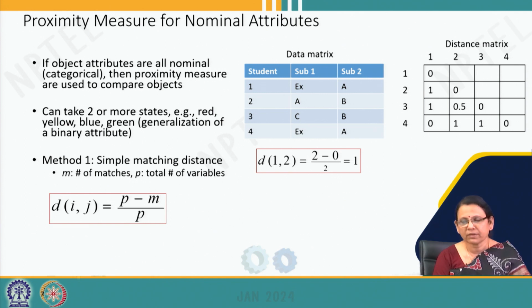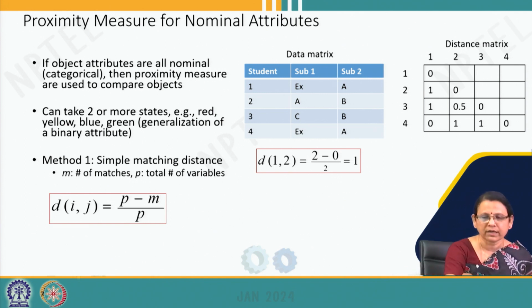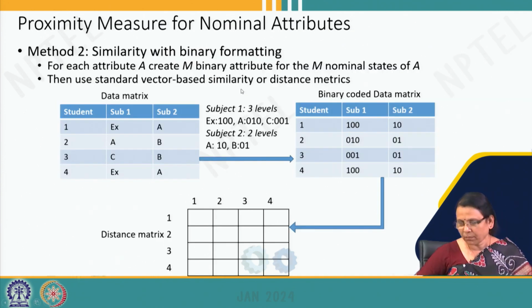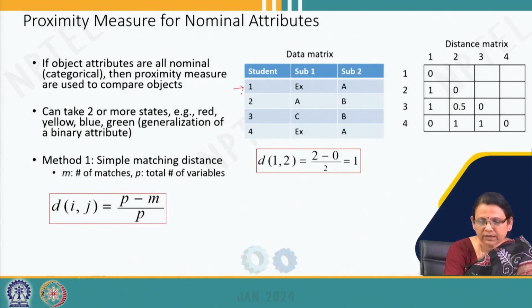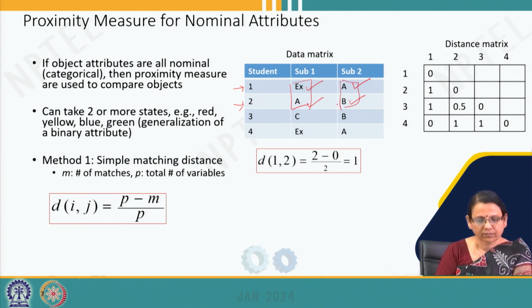Let us say we are comparing student 1 and student 2: first subject Ex, second A, this is A, this is B. So, neither on this attribute nor on this attribute is there any match. P is the total number of attributes, that is 2, and 0 matches have happened, so the distance is 1.